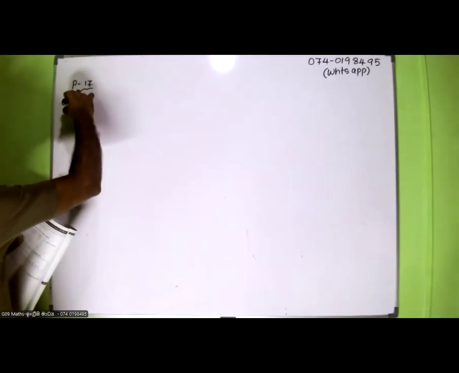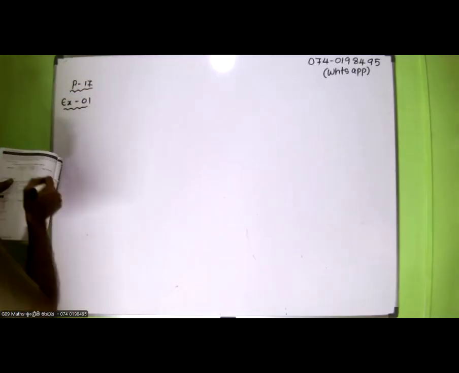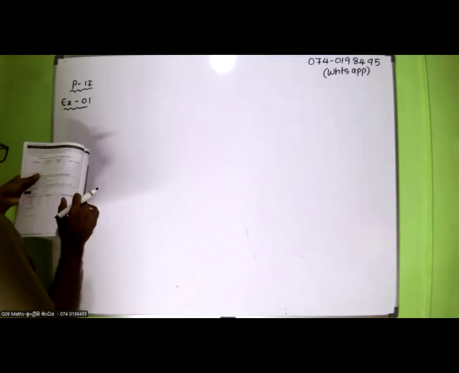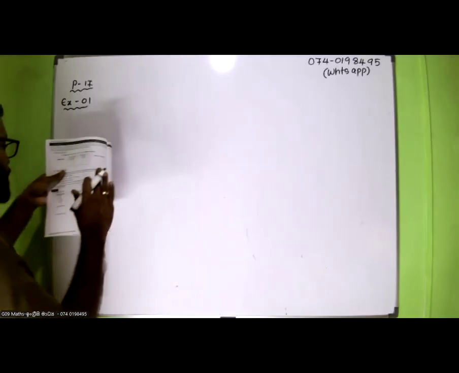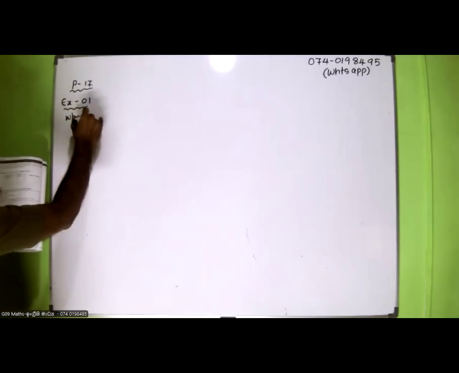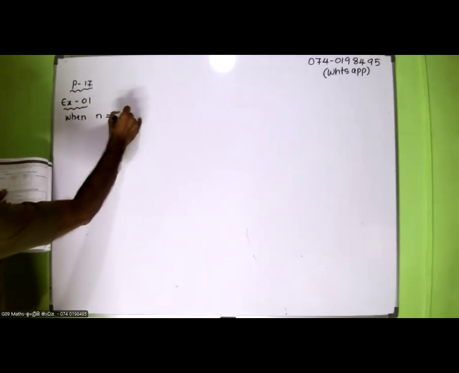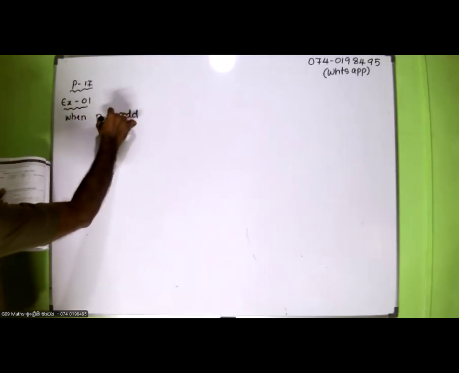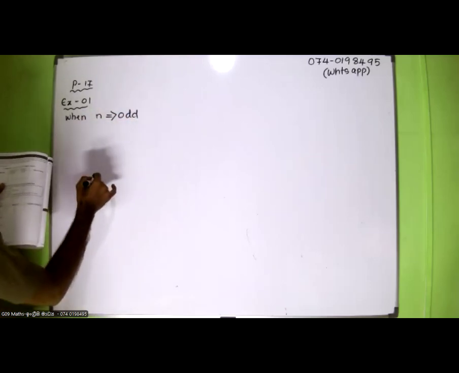Page number 17, example number 1. We are going to find the median class when the number of data is odd, when n is odd. So we know how to calculate the median.